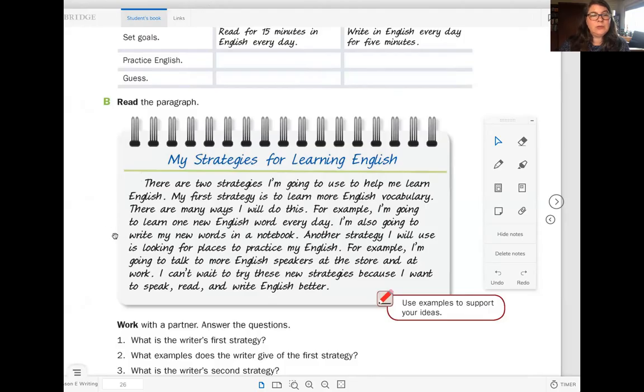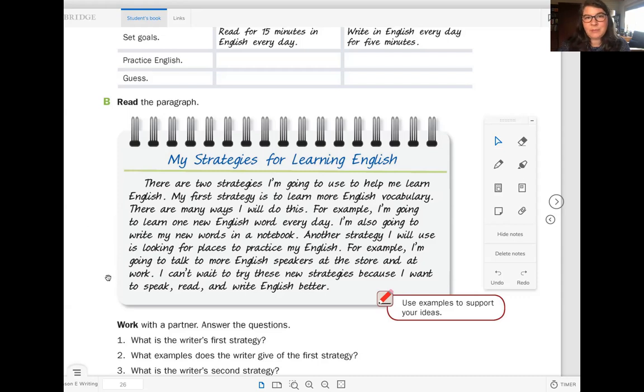I'm also going to write my new words in a notebook, color vowel notebook. Another strategy I will use is looking for places to practice my English. For example, I'm going to talk to more English speakers at the store and at work. I can't wait to try these new strategies because I want to speak, read, and write English better.